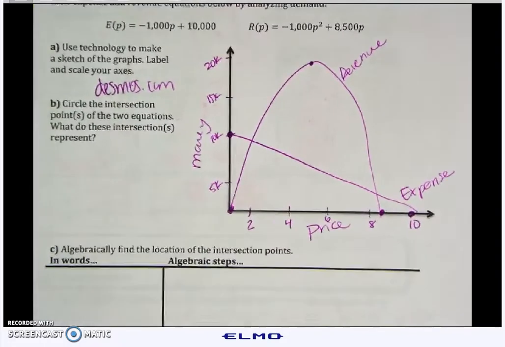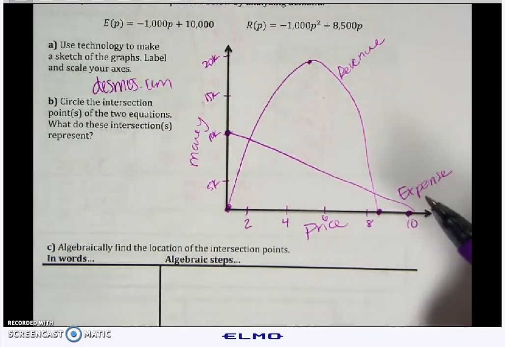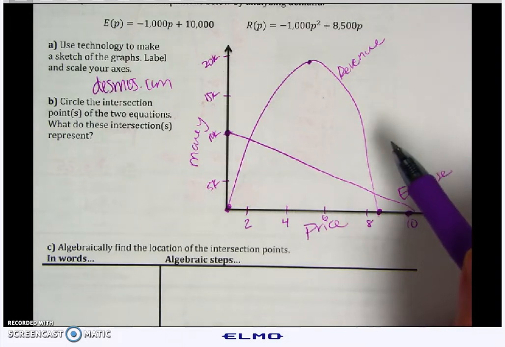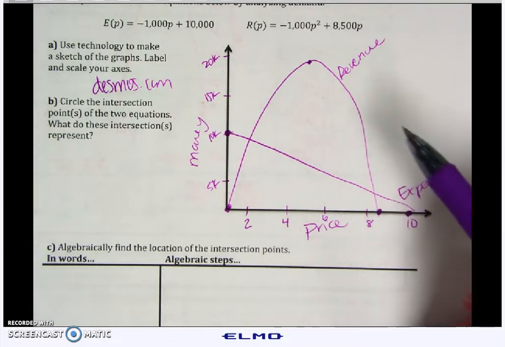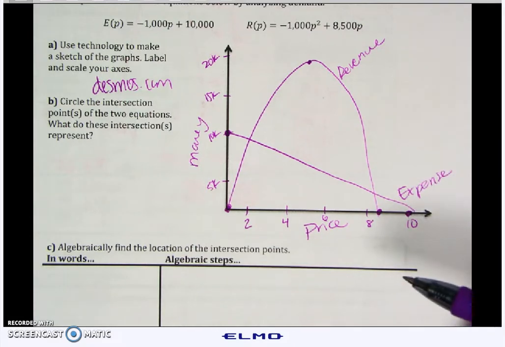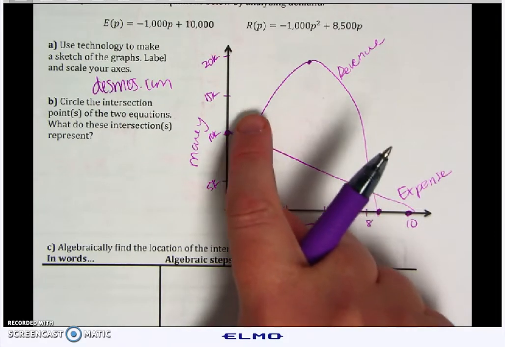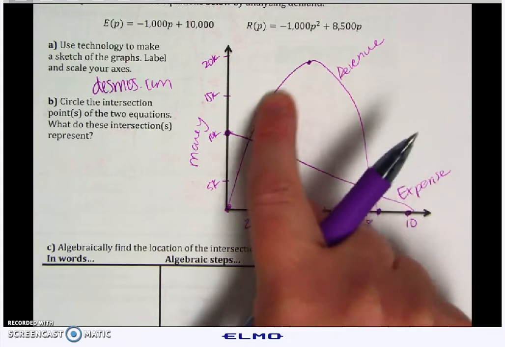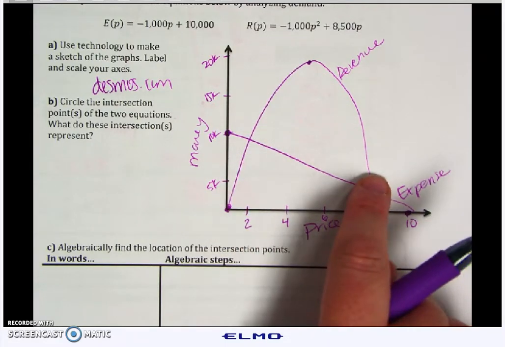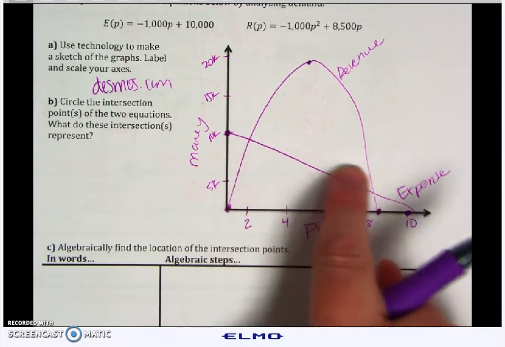Let's analyze this graph a little bit. When we graphed expense and revenue before, we looked at where profit would be. And so profit occurs when you have revenue that's more than your expenses, or you're bringing in more money than what you're spending. So on the graph, where that would happen is in this middle section, the region that's kind of bounded, because this is where you have revenue higher than the expenses.